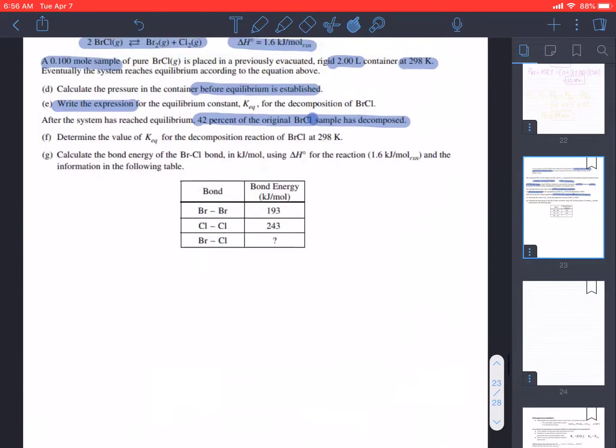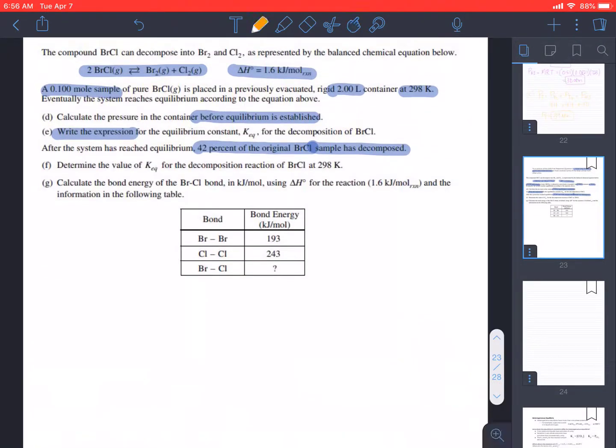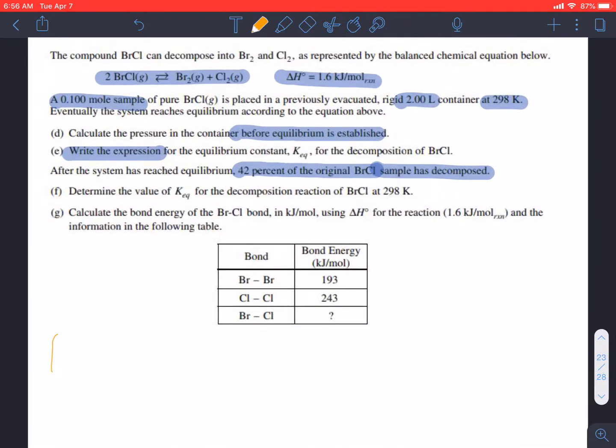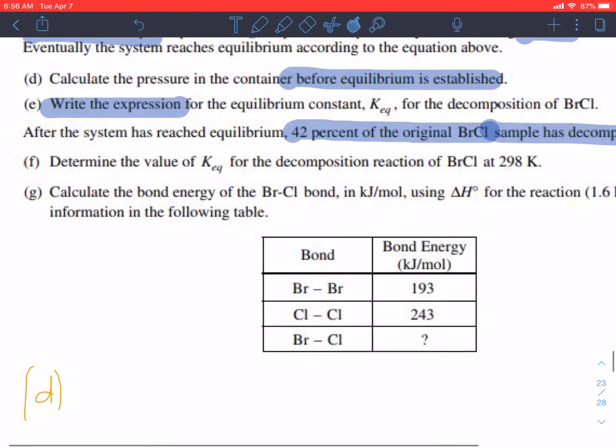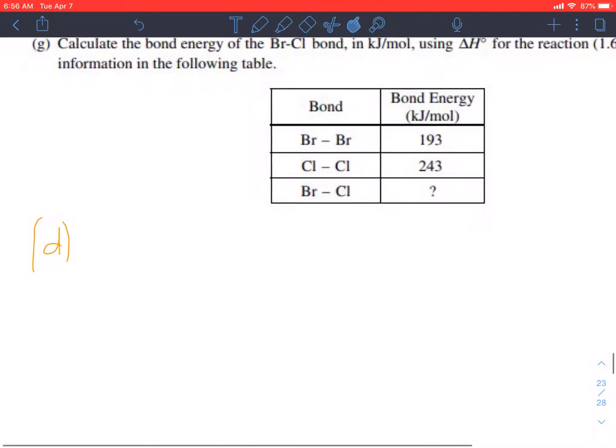Okay, so let's start with D. I'm going to zoom in here. D is asking us to calculate the pressure in the container before equilibrium is established. So this is just a simple PV = nRT problem.